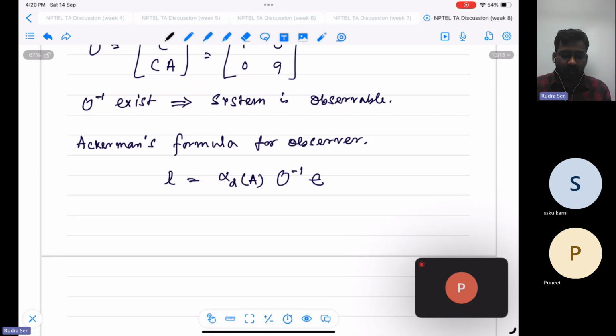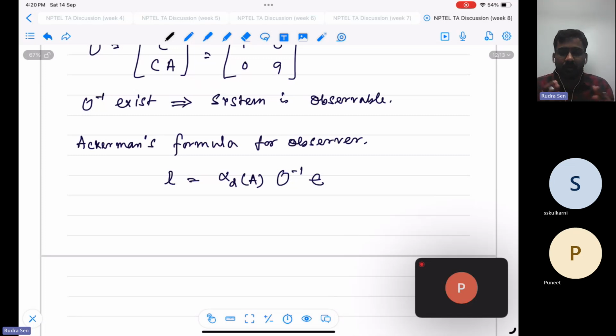If you transpose it, you will get E transpose O inverse alpha_d. If we take the transpose, that means O transpose is the controllability matrix for the dual system, right? If you find the dual system, let's say I have found the dual system.